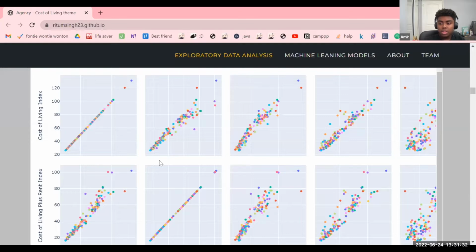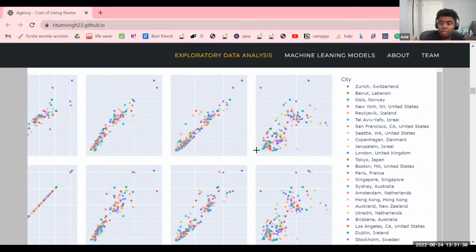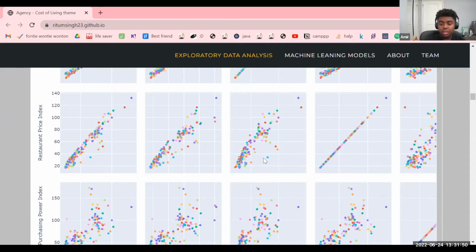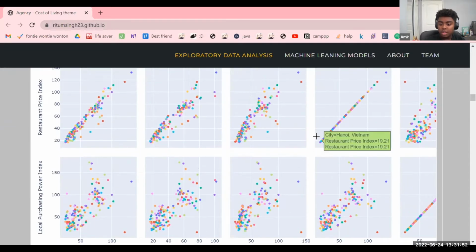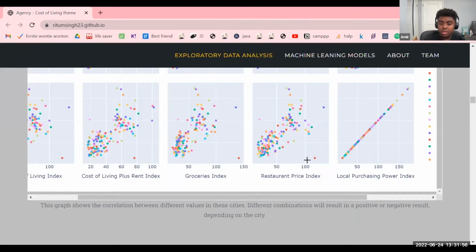But as you can see in the top right corner, the data is a little bit more spread out, and that means that these two values don't really correlate as well as others. With the cost of living index and restaurant price index, it correlates pretty well because it's closer to a straight line than the other one is. And I'll pass it on to David for machine learning models.